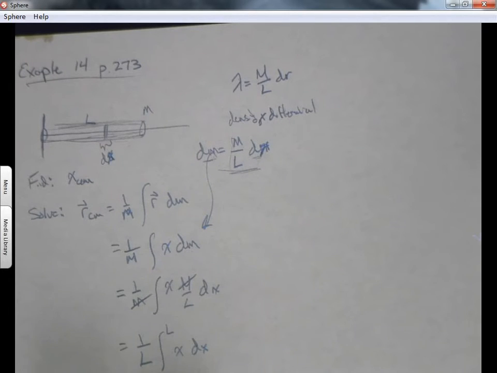So it's 1 over L times 1/2 x squared from 0 to L, and we get L squared over 2L minus 0, which equals L over 2.